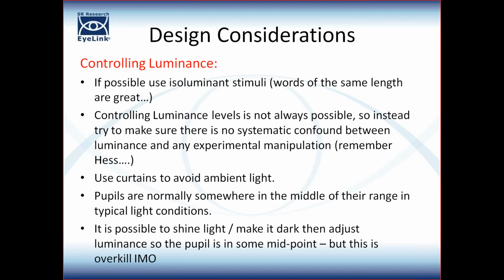For most people, normal daytime light levels, whether it's artificial light or natural light, will have their pupils somewhere roughly in the midpoint of their pupillary range, which means you're going to be able to see constrictions and dilations. Obviously what you don't want to do is do everything in the dark and then hope to see some cognitive evoked dilation, because pupils can only dilate so far.